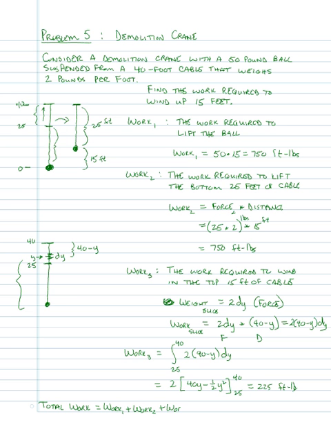And what was that? 750. So 750 plus 750 plus 225, all in foot-pounds. And what is that? 1725, I believe. Yeah. 1,725 foot-pounds.